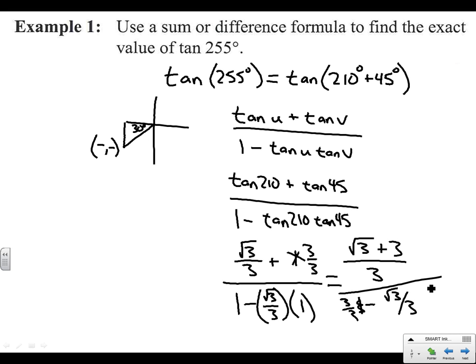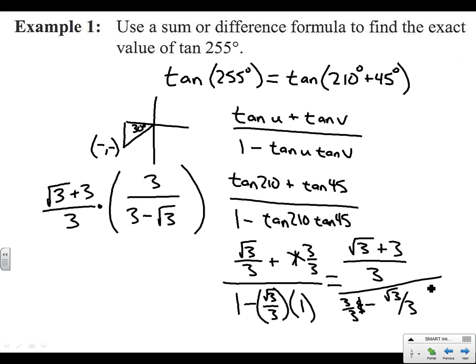All right, so let's flip it over and do multiplying by our reciprocals, root 3 plus 3 over 3 times, if we flip this over, 3 over 3 minus root 3. Those 3s cancel. Root 3 plus 3 over 3 minus root 3.